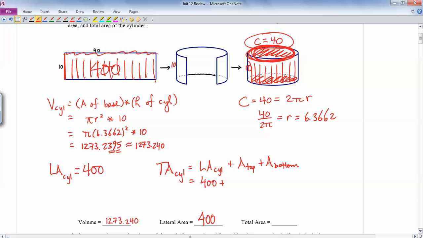The area of the top, it's a circle, so it's pi r squared, and we know what r is. 6.3662 squared, plus another one of them, because the bottom is exactly the same as the top. So if you add all that together, I'll just tell you that comes out to about 654.648.